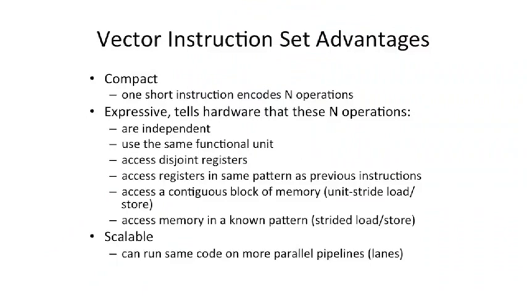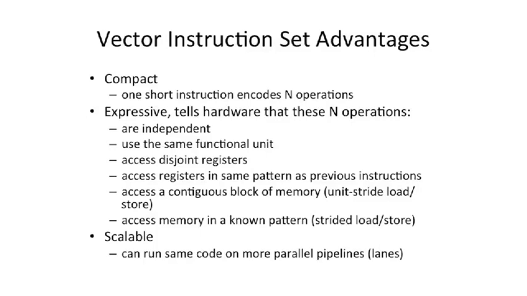OK, so to recap here, vector instruction sets have quite a few advantages. Main one is they're very compact. One instruction can generate lots and lots of work to do. And they're relatively expressive. What I mean by expressive is that they very concisely say exactly all the constraints between all the different operations they generate.